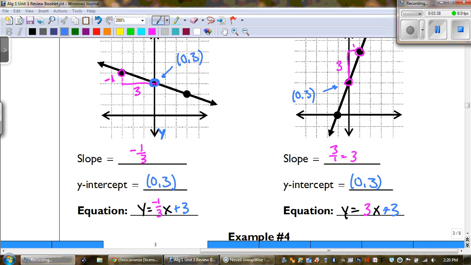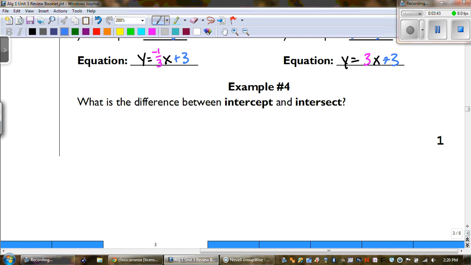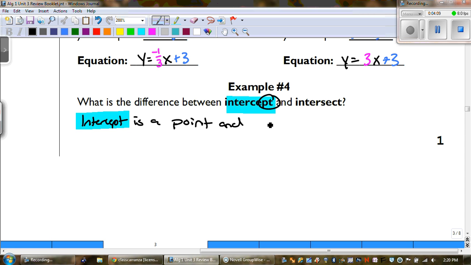And you should get y equals 3x plus 3. Now, what is the difference between an intercept and an intersect? So, intercept. What does it end with? PT, so intercept is a point. And intersect, let's see if I can spell that right.